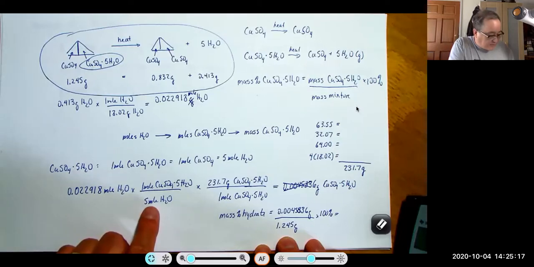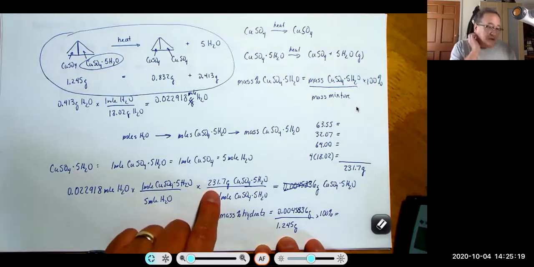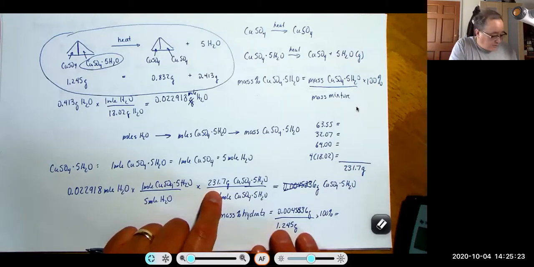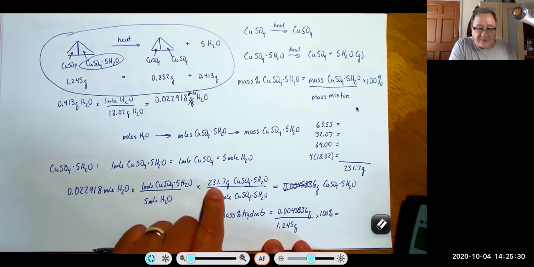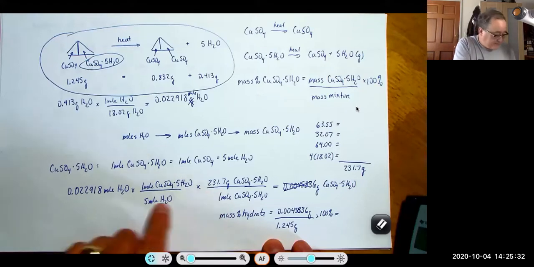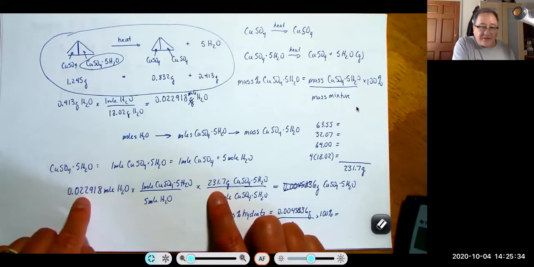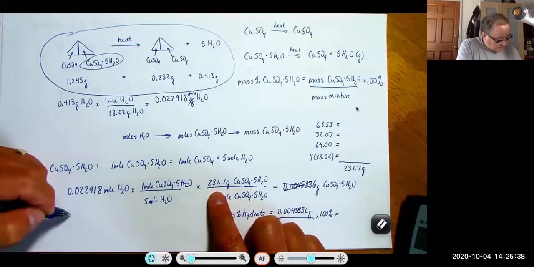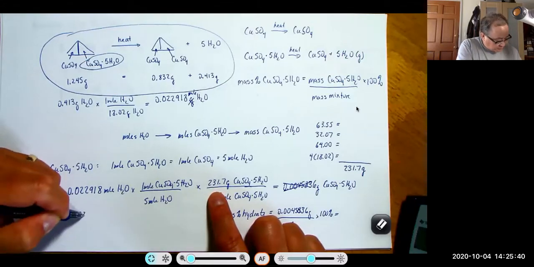How many times does 5 go into 231? Well, I know 5 goes into 100 20 times, so 231 is 40 times, plus 5 will go into that 6 times, right? So we're talking 46. So I have 46 times 0.022. Now, just think about that for a moment. 0.022 times 46.